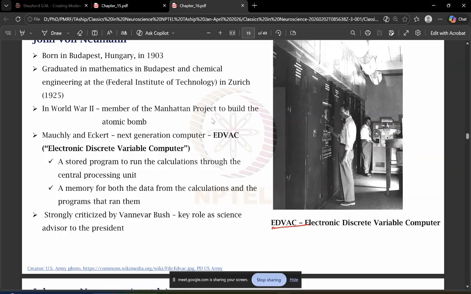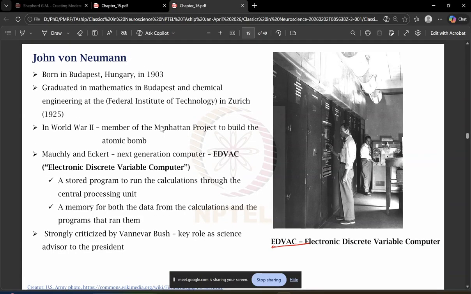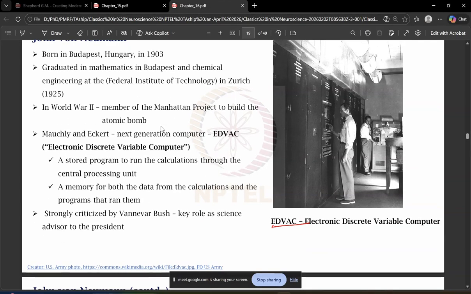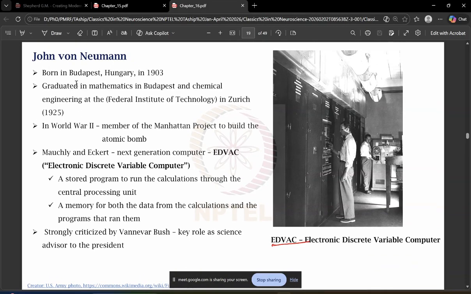The Manhattan Project was basically an undercover project responsible for building the atomic bomb. Various scientists across the United States were recruited to be a part of this project, and some of them declined on ethical basis, whereas others became a part of the project and made various contributions. Amongst them was also John von Neumann.